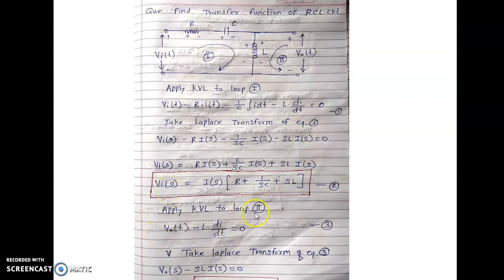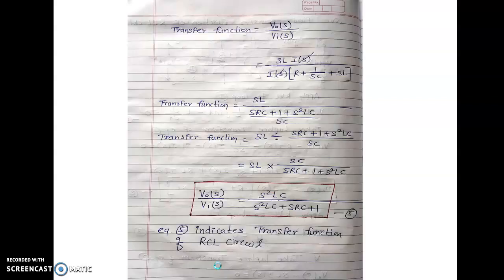Then we applied the KVL law to loop number 2, giving equation number 3, and taking the Laplace transform of equation 3 we get the output VOUT equal to SL I(S). By rearranging this equation and finally taking the Laplace transform, we get the output by input ratio in the S domain.